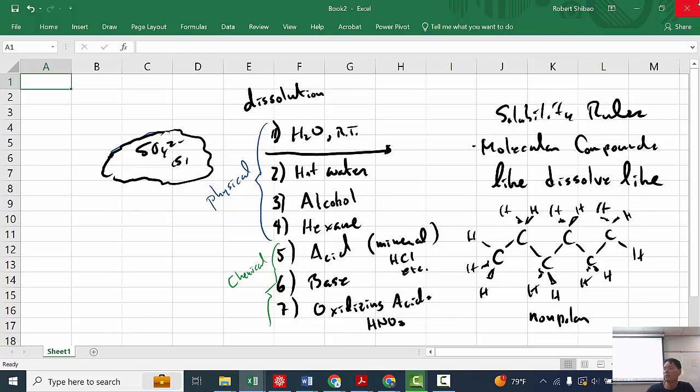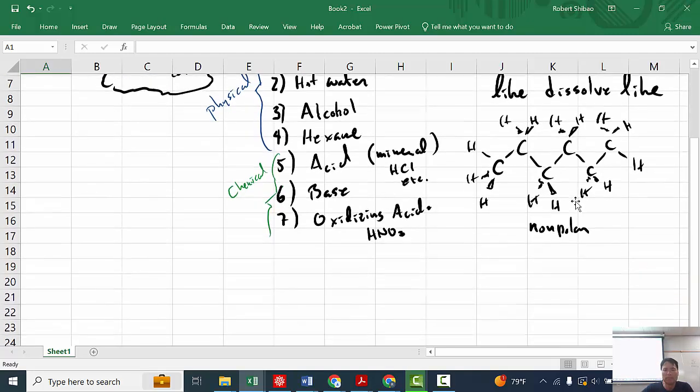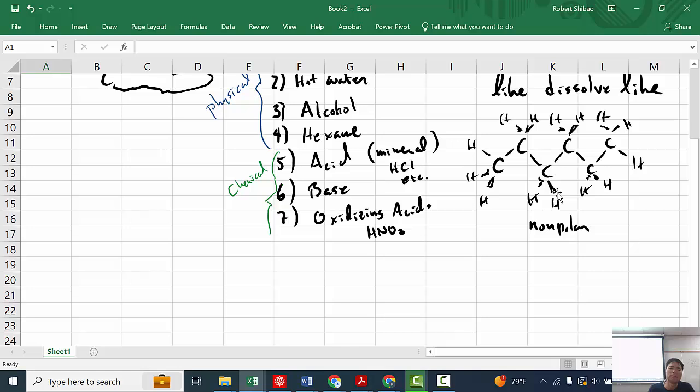If nitric doesn't work, then what do you do? Do you give up? Probably not quite yet. We try hot nitric acid. Hot nitric acid, if that doesn't work, then maybe we'll consider, maybe it's not going to dissolve. Have you ever tried to dissolve a diamond?